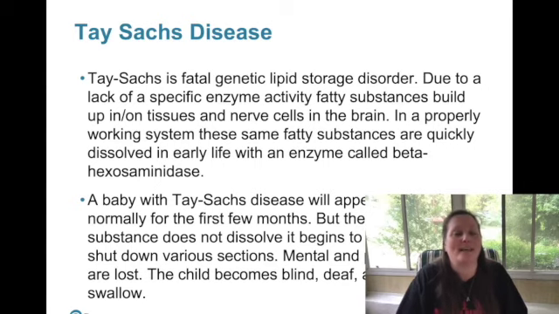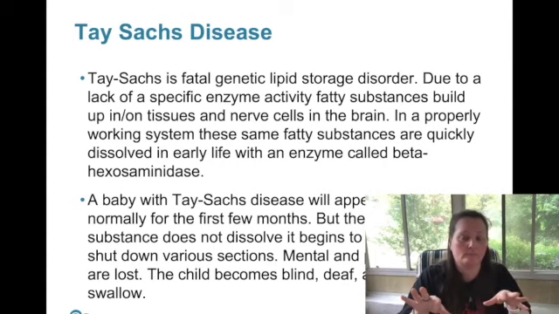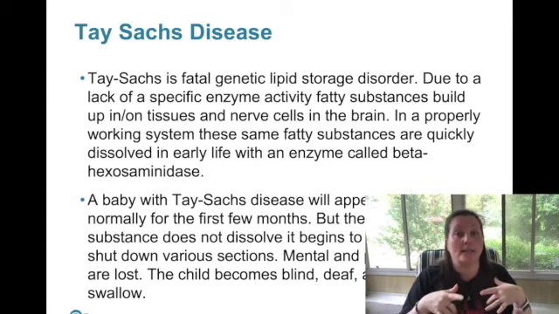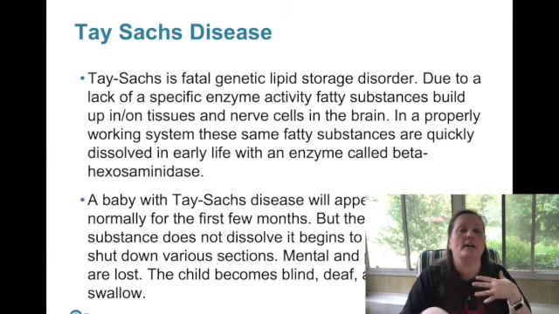And so by that lysosome messing up, these fatty substances that typically would not have been an issue, because the lysosome would just break it down and redistribute, instead just keep building up and building up and building up. So this keeps building up on tissues and nerve cells in the brain.